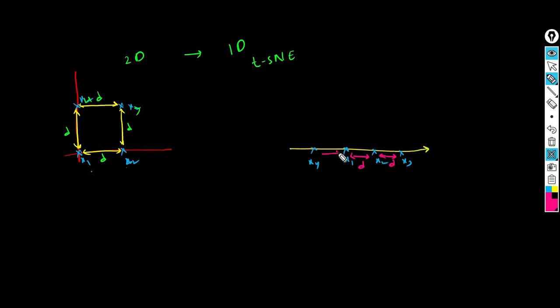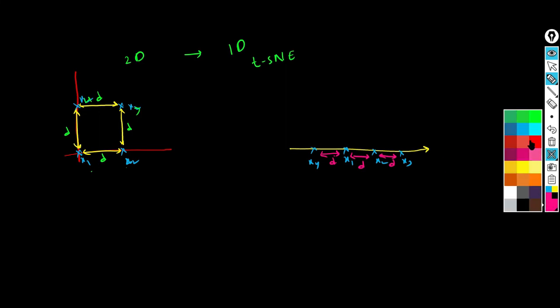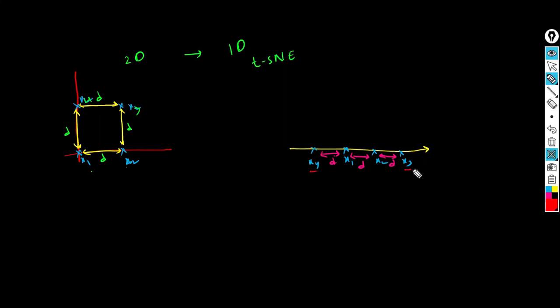And the distance between x1 and x4 is also d before and after t-SNE. But the distance between x4 and x3 is not the same before and after. Here the distance is going to be 3d, but before it was only d. This is the one problem we are going to face in t-SNE.